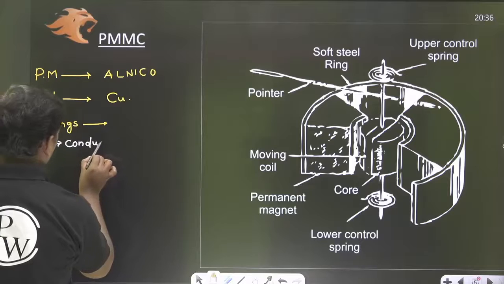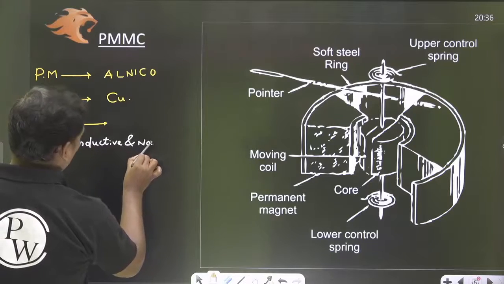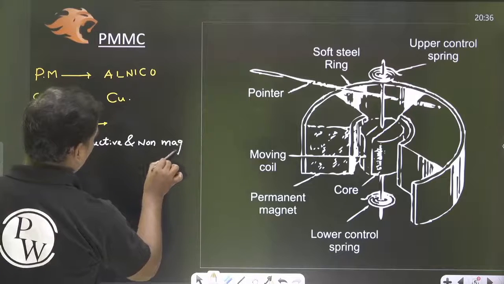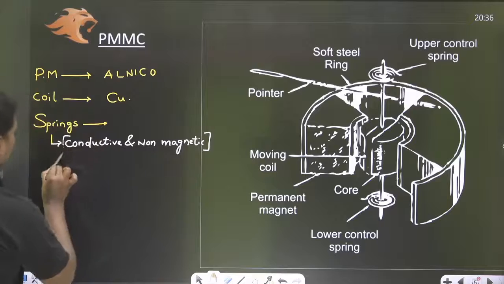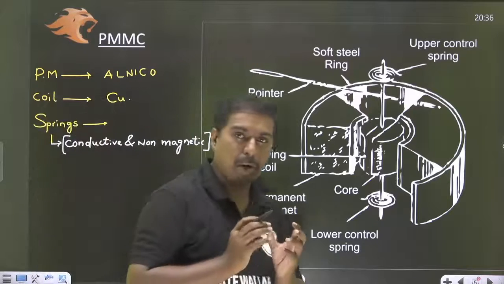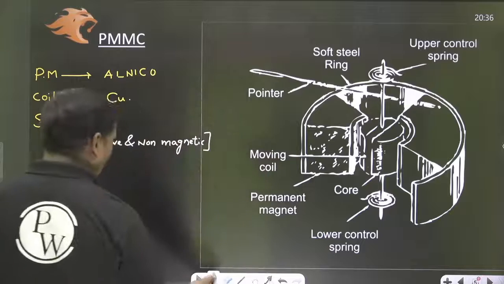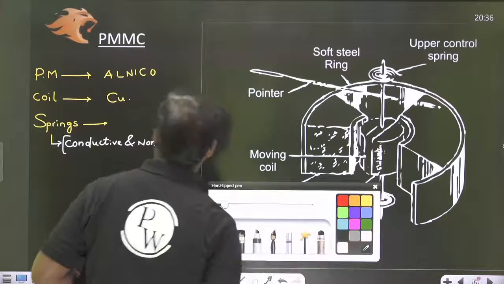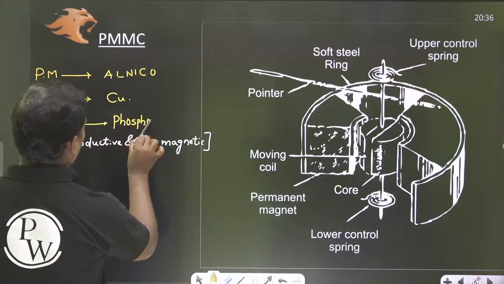The springs must be conductive in nature and non-magnetic. They should not produce any magnetic field. So that is a property of the spring material, and that is satisfied by phosphorus bronze.